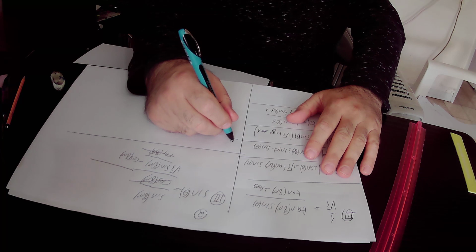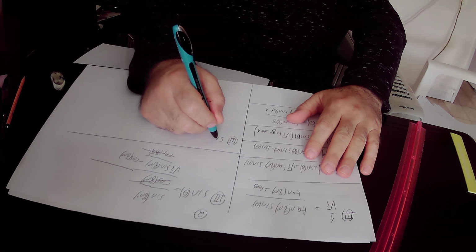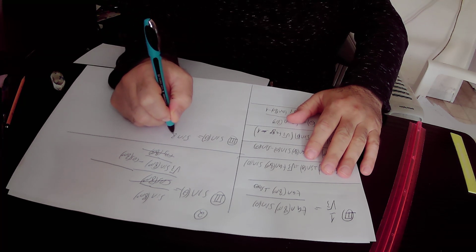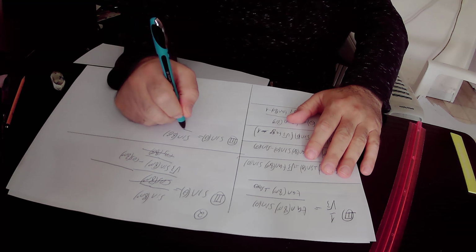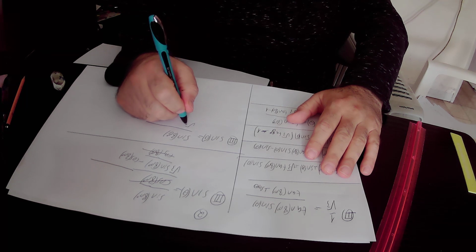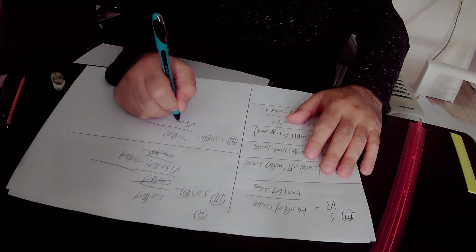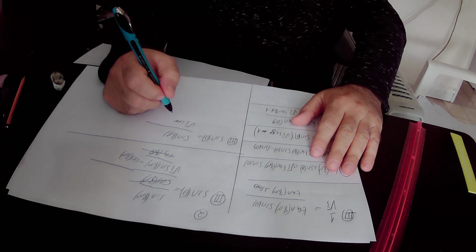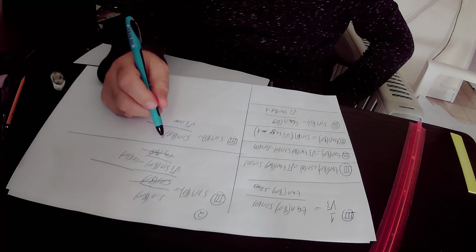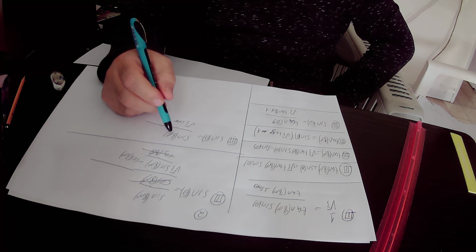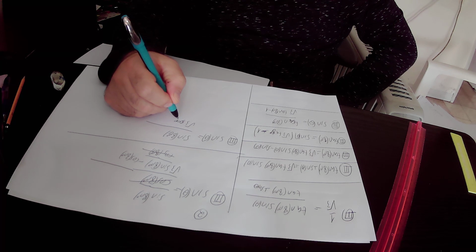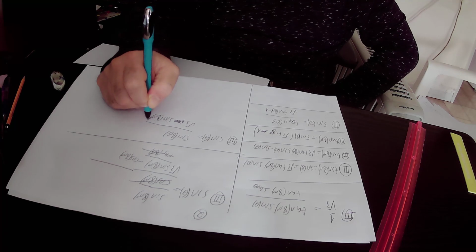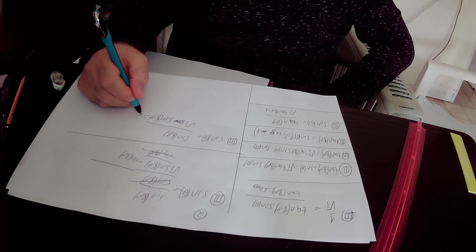And we will get that sine theta equals sine 80 degrees over square root of 3 sine 80 degrees minus cosine 80 degrees.